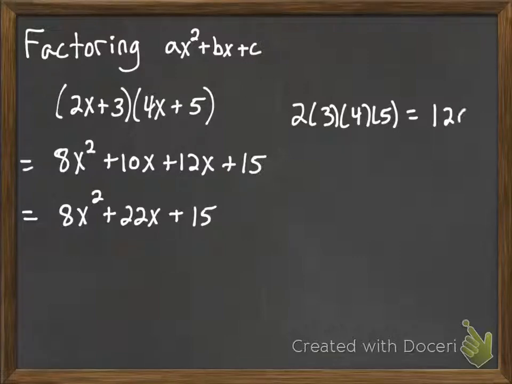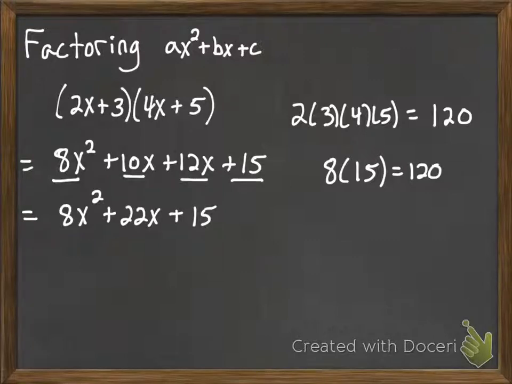Now that's not the only place that that number 120 shows up. If we look at the 8 and the 15, and we multiply those, we'll also get 120. And if we look at the 10 and the 12 and multiply those, we'll also get 120.